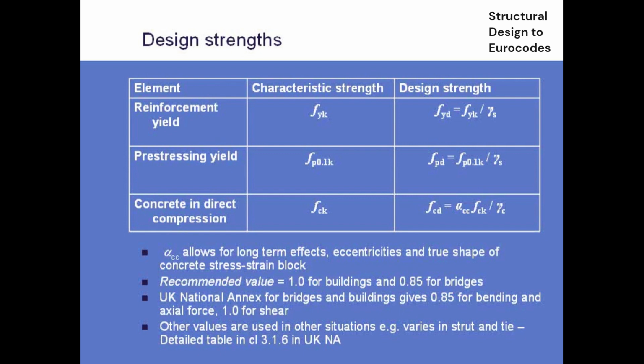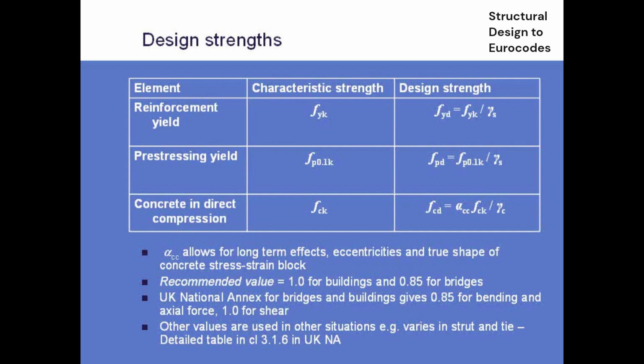And alpha cc is an annoying factor because it changes value in different calculations. So for bending, it's 0.85. For shear, it's 1.0. Those 2 distinctions really reflect just what numbers we used in the initial calibration of the load model, of the resistance models that we use. So it's just a bit unfortunate.